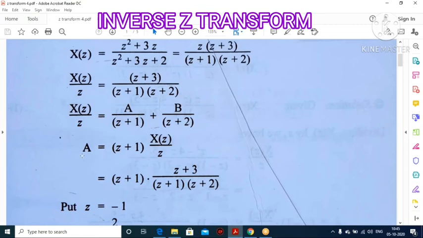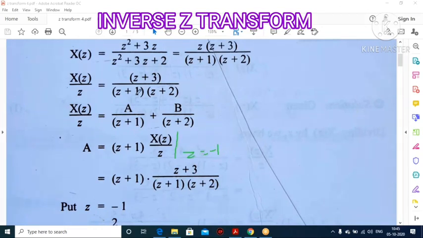When you want to calculate A, the pole is z + 1, so A = (z + 1) times X(z)/z at z = -1. This is very important.